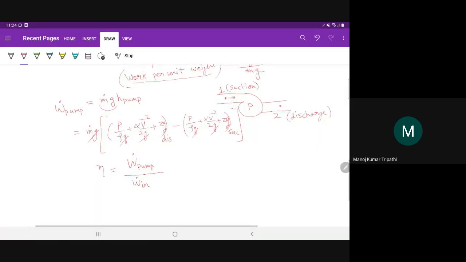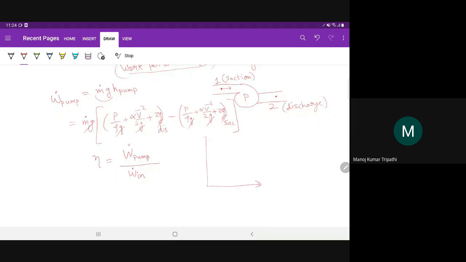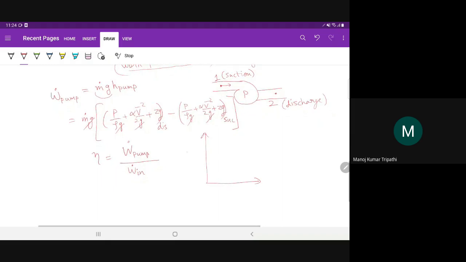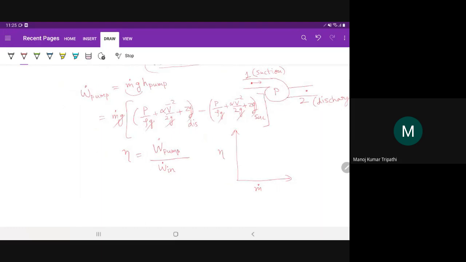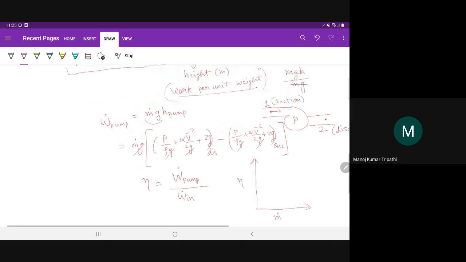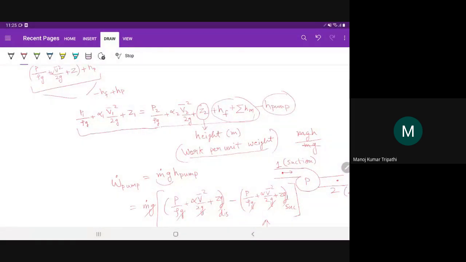And then you can plot these different diagrams for efficiency versus mass flow rate, or efficiency versus the pressure in the fluid, or the velocity of the fluid, the average velocity, and so on. So these different plots are given by the manufacturers of the pump to let you know when will the efficiency be highest, when will the work done by the pump be highest, and so on. So where to operate basically.